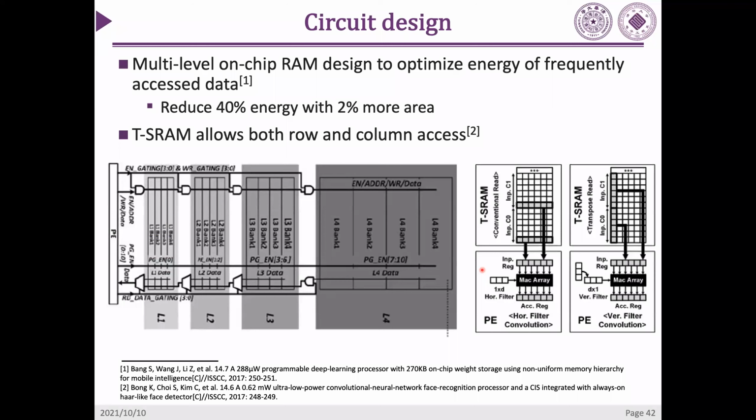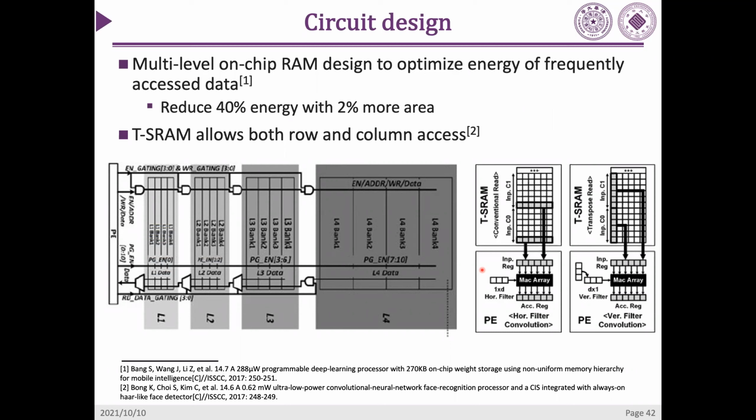In addition to computing units, so the previous are all computing unit designs, the on-chip RAM design is also very important. By designing a multi-layer cache for frequently accessed data, the energy consumption can be reduced by 40%.